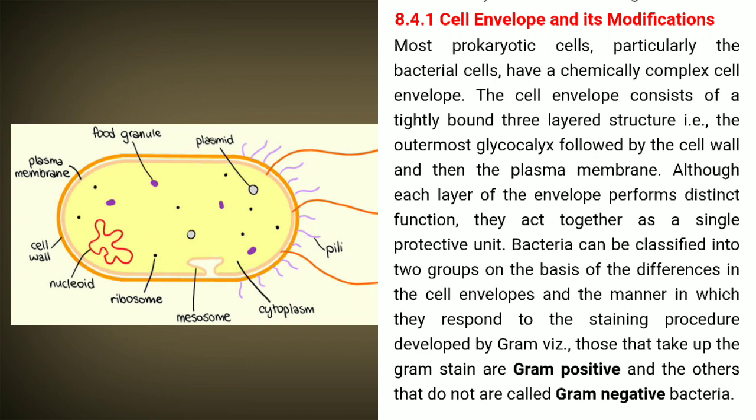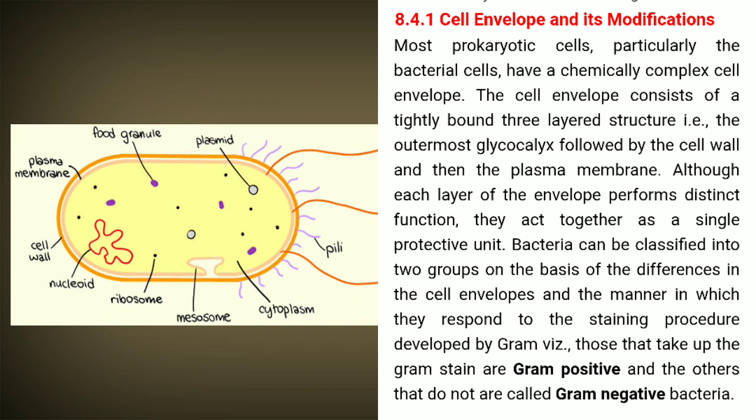Now outside the cell wall, in some types of bacteria, basically the gram-negative bacteria, there is an outer coating of loose gelatinous mass, which is called the slime layer. And when it becomes a thick and tough covering, then it is called the capsule.